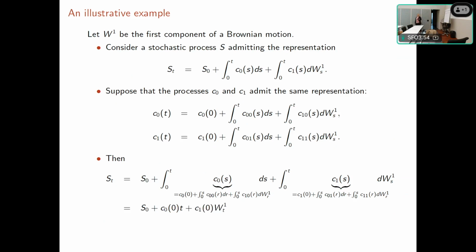Similarly, C1, 0 multiplied by Brownian motion, and then there is everything else. Everything else is a linear combination of double integrals. If we have a look at what we have here, we have a linear combination of the signature of level 1 plus double integrals. Signature of what? Of Brownian motion and time.